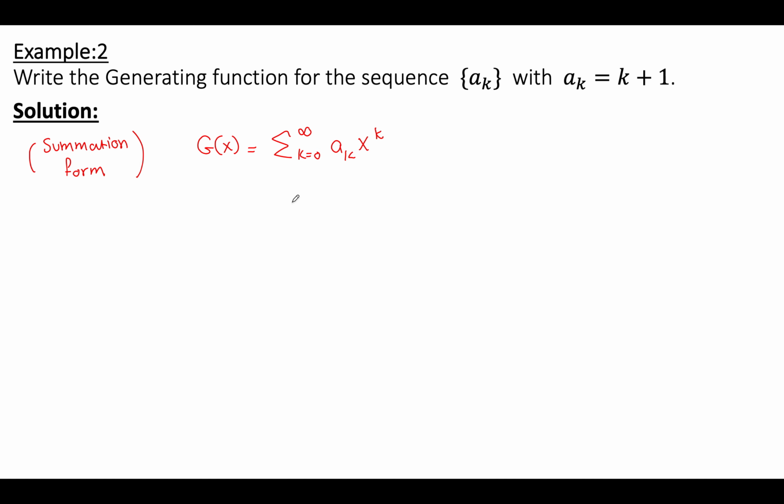Now all we need to do is substitute a_k with the one mentioned in the question. So here J(x) is equal to the sum from k equals 0 to infinity, where a_k is equal to k plus 1, then x to the power k.